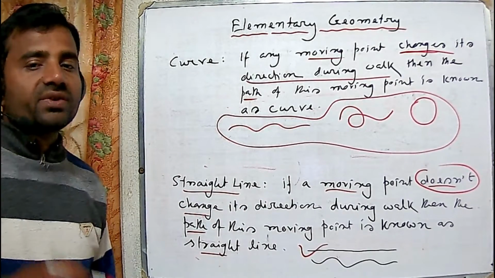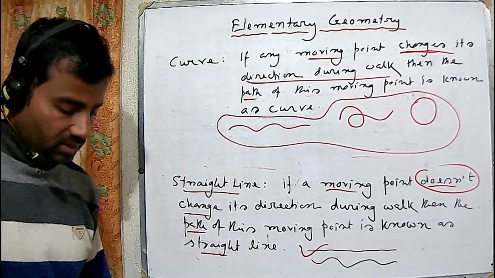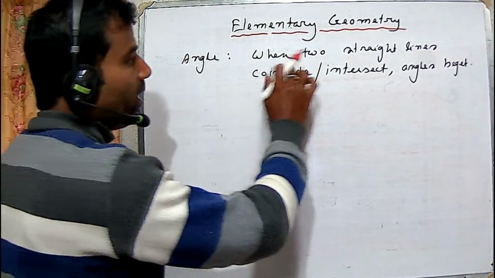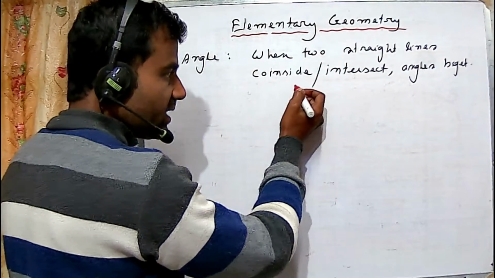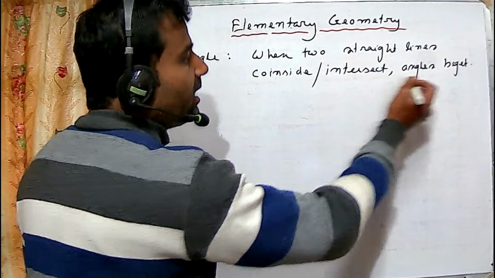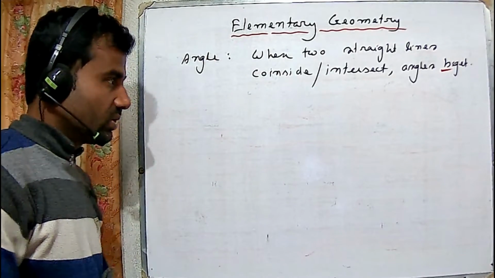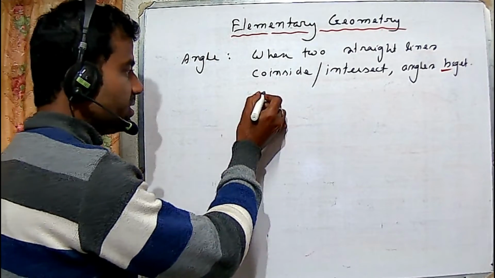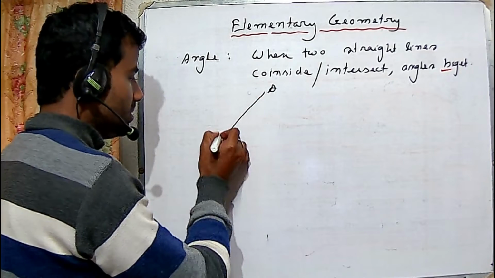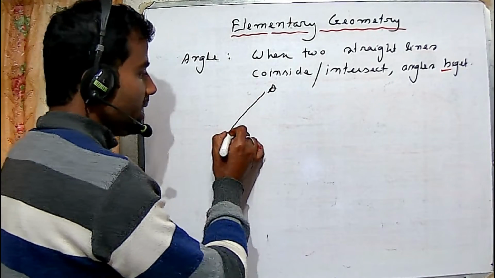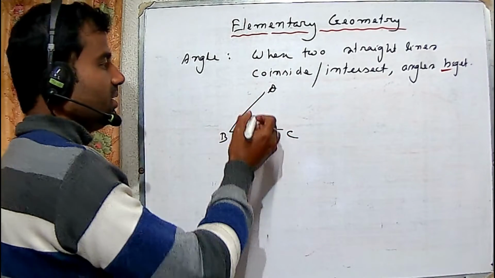Okay. Next I discuss angle. Angle: when two straight lines coincide or intersect, angles are begotten. Suppose this is a straight line AB, another straight line is BC.